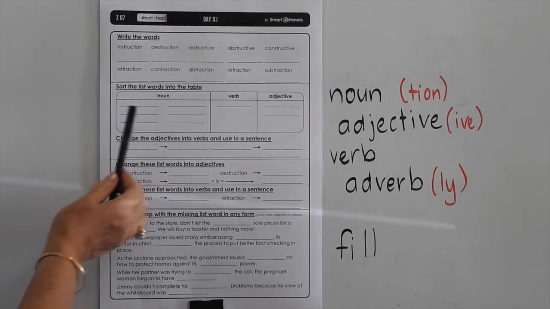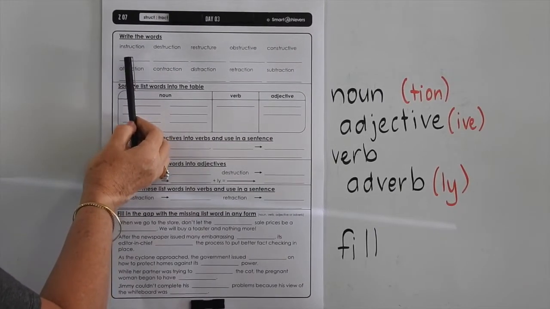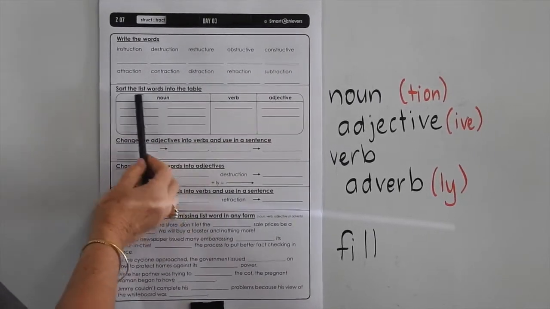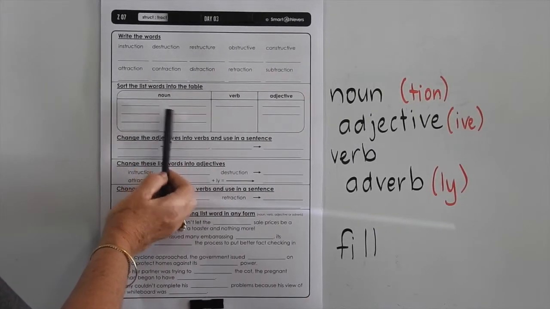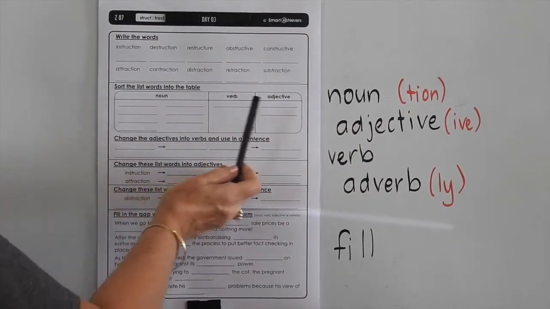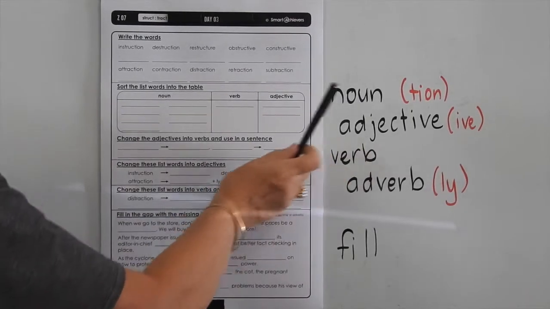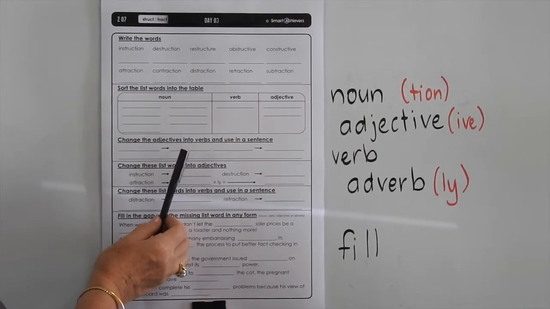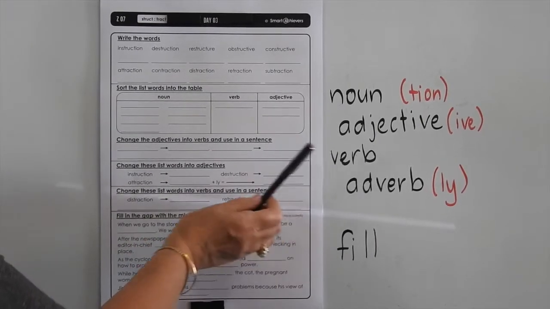Okay, on today's page you just have to cover the word, write it, check to see if you've got it correct and change it if it's wrong. Down here we want you to sort the list words into the table. So your nouns are typically going to end with shun, T-I-O-N, and your adjectives are going to typically end with I-V-E. And when you have to form adverbs, you're going to be adding the ly, which you know.